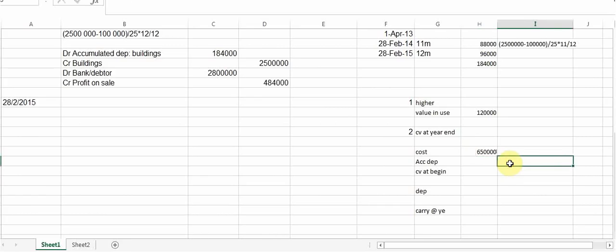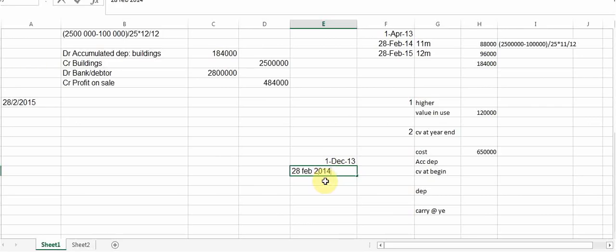Then I need to go and calculate the accumulated depreciation, but before I can do that, I need to go and count the months until the beginning of the year. So let's quickly do that. If I look at the purchase date of the vehicles, it's 1 December 2013. So the first year end thereafter would have been 28 February 2014, and then we would have the current year 28 February 2015.